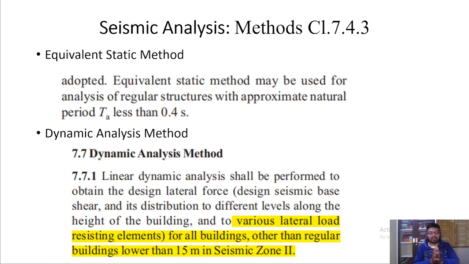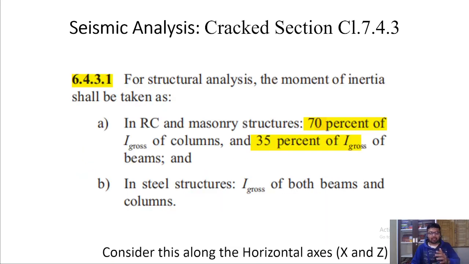Now, the dynamic analysis method needs to be used in all buildings more than 15 meters in height, in any zone. Whatever the zone is, if the building height is more than 15 meters, you need to use the dynamic analysis method. We'll not discuss the dynamic analysis method in this video. We'll go here with the equivalent static method.